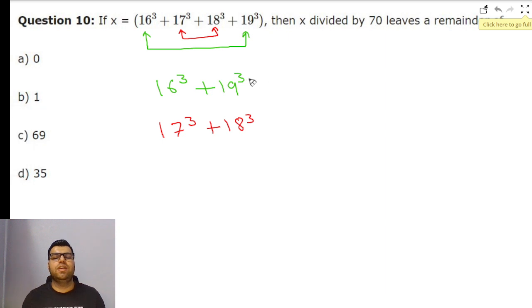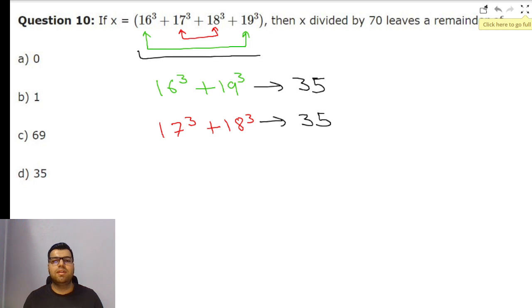A cube plus b cube is divisible by a plus b, so the first is divisible by 16 plus 19, which is 35. 17 plus 18 is also equal to 35, so 17 cube plus 18 cube is divisible by 35. Since both the red part and green part are divisible by 35, this number is certainly divisible by 35.